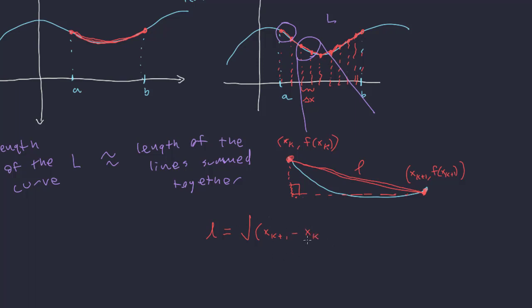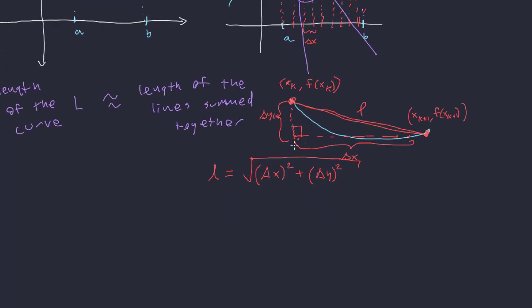Well, that's actually delta x, right? Because the change in the x's is the same, and I'll just call this a delta yk just to make it a little easier. So it's going to be delta x squared plus delta y squared. Okay.